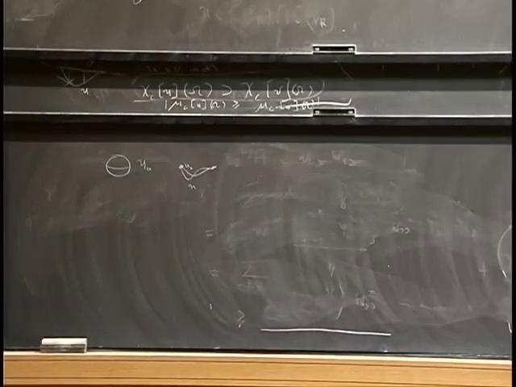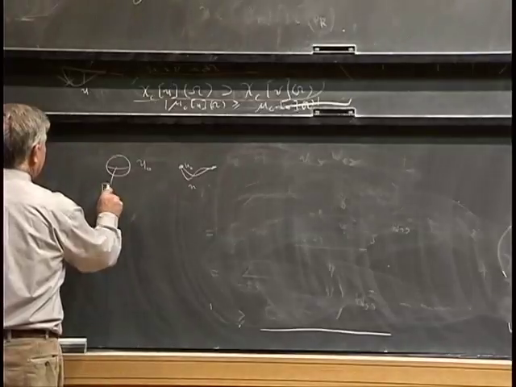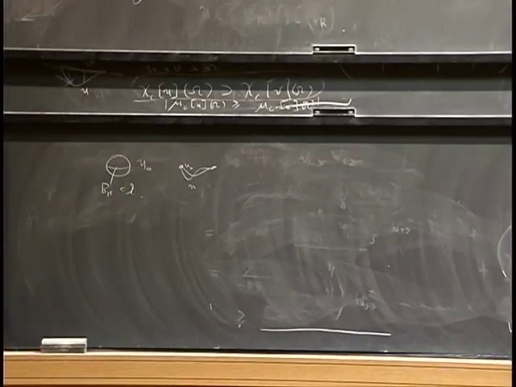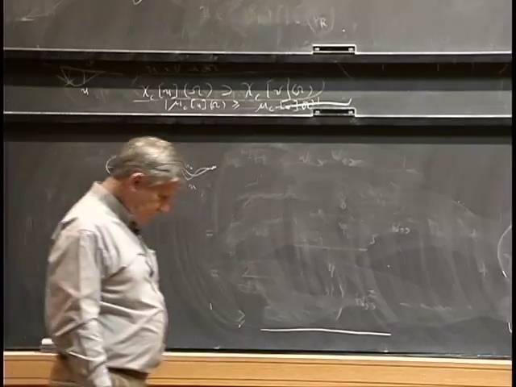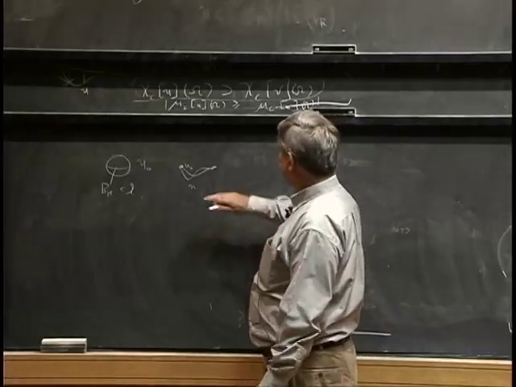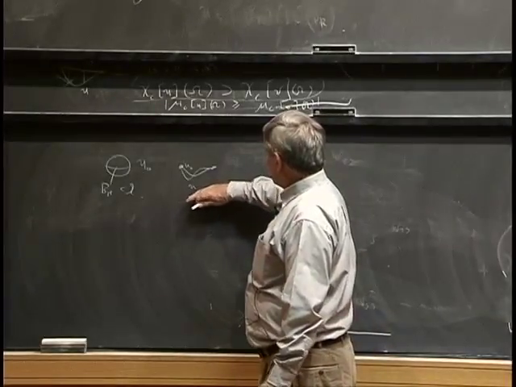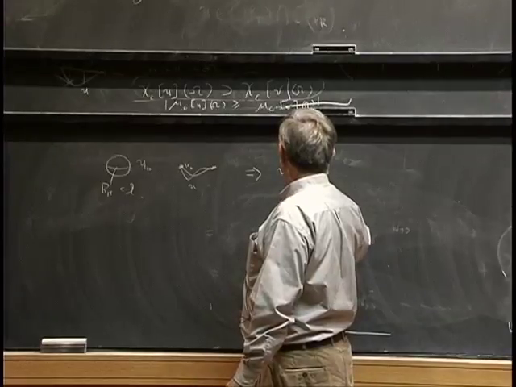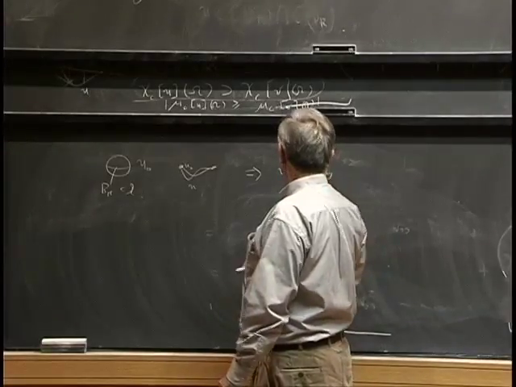And this small ball, B sub r, is in my big domain omega. Now what I claim is that this u is going to be greater than or equal to the u0.